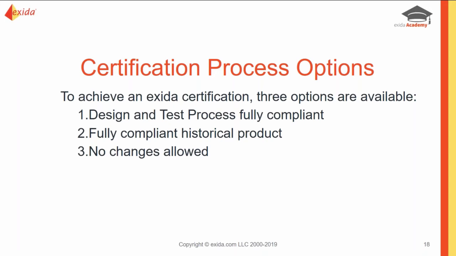The second one would be a still fully compliant design process, but you have historical product. This means you have something out in the field for a little bit, you have history, you have shipments, you have some returns, you have some analysis. We can use that in lieu of some of those verification and validation.